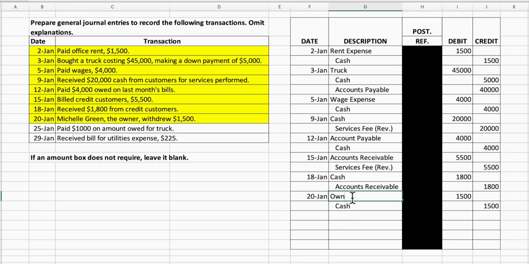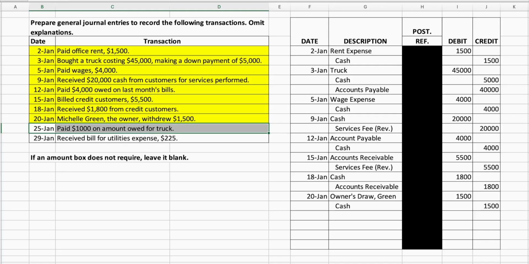And this is owner's draw. Green is the name of the owner. So that's the owner's draw. She was given cash. Your cash went down because you took $1,500 out. And that gets debited to owner's draw and credited to cash.